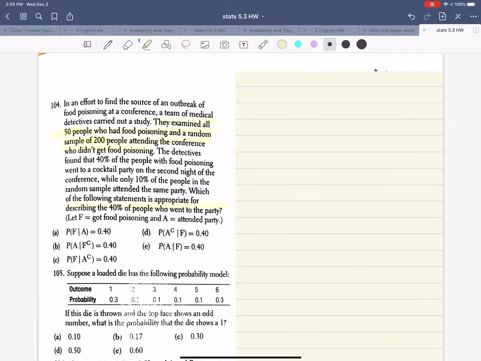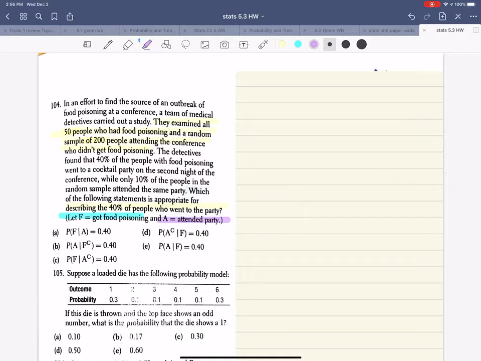Okay. Let F be food poisoning and let A be attended the party. Okay. So let's read it over again and figure out which one has the right notation.